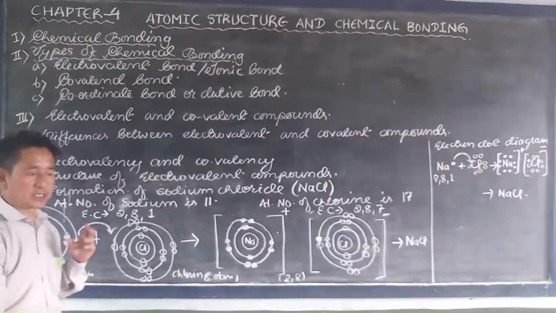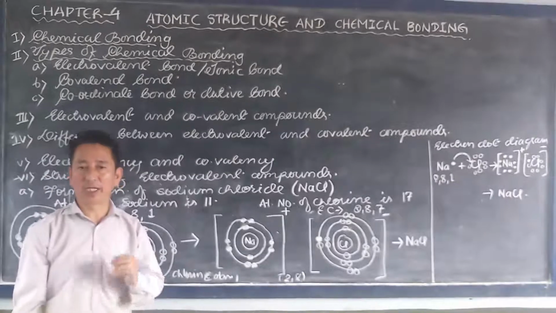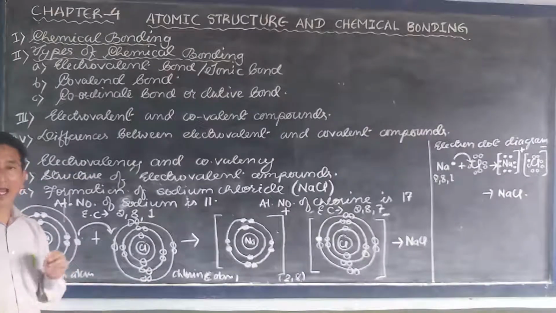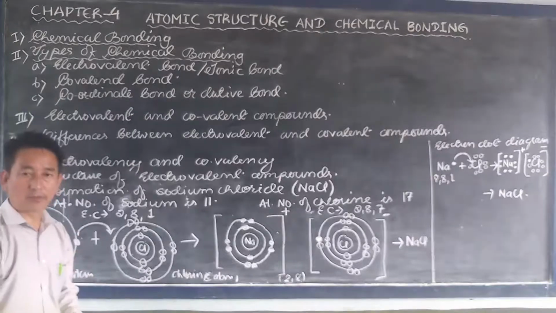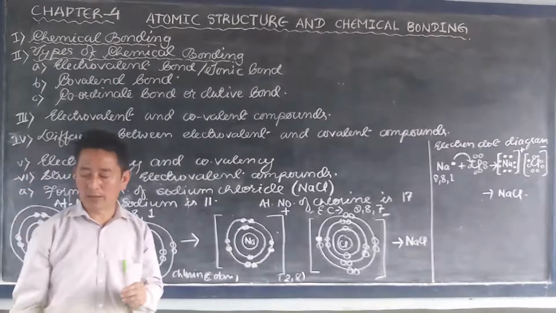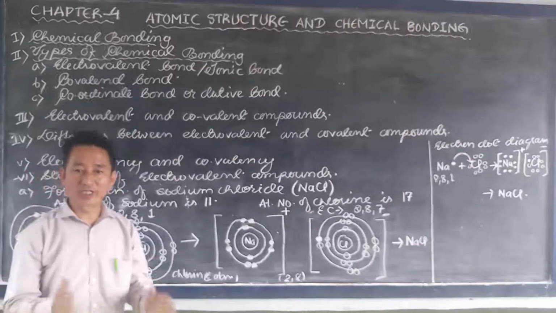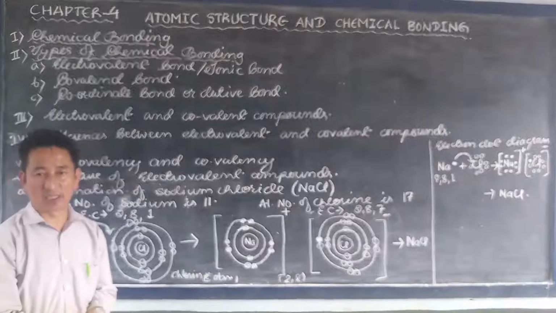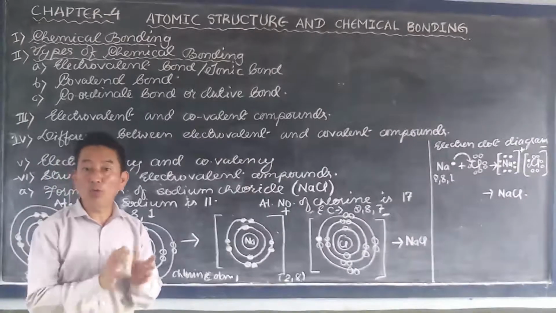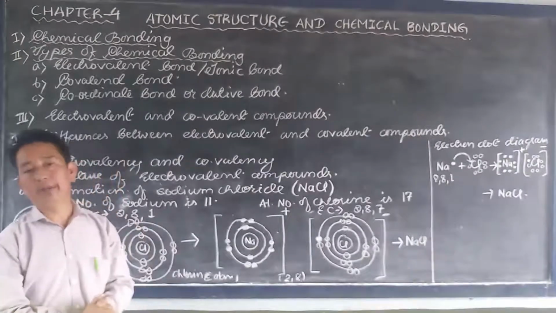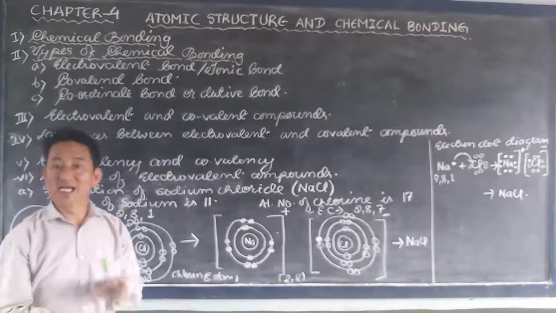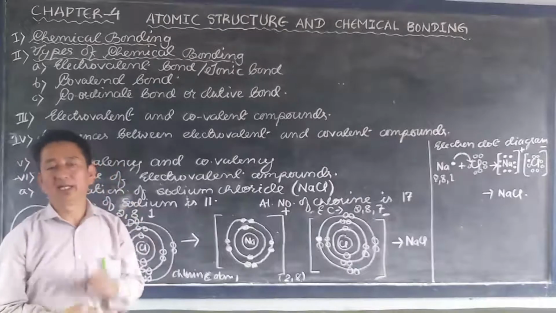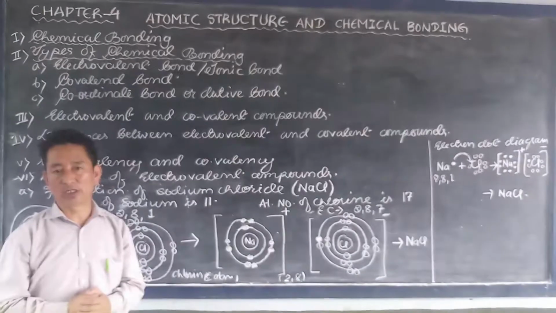Before I start this, I would like to recapitulate what we have done in the previous class. Now, what is an atom? An atom is the smallest particle of an element which may or may not have an independent existence. However, a group of atoms of the same element or different elements exists as a single species or single unit, like a molecule of oxygen.